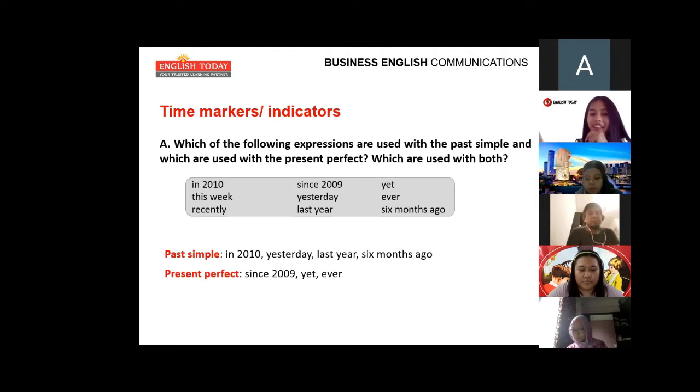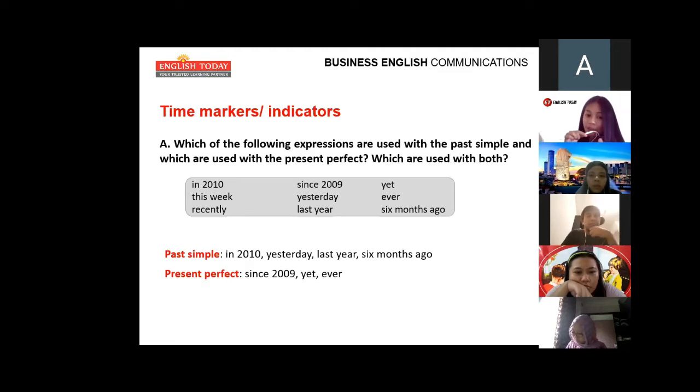So present perfect, just a reminder, is used when you want to describe a situation or event that started in the past but still continues until the present moment. It's not over, not finished yet, still in progress. If you have the word since, it means since that year till now, it's still going on.